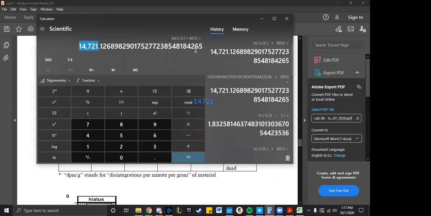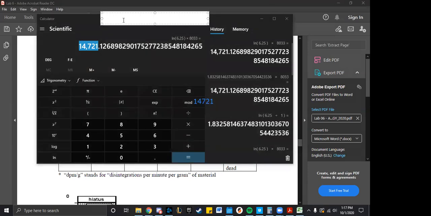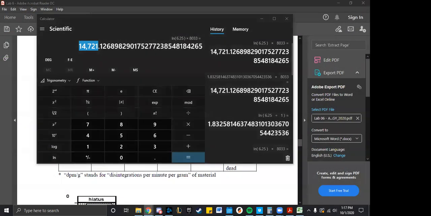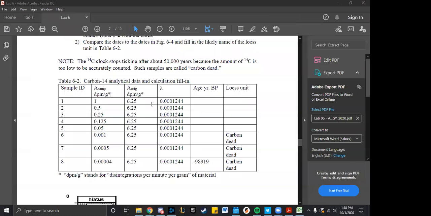Okay. I got 12.5 for that. And for the ln, I got 2.5.